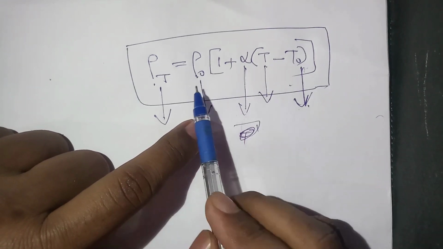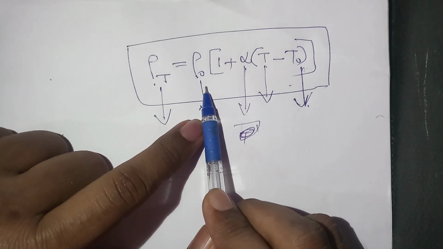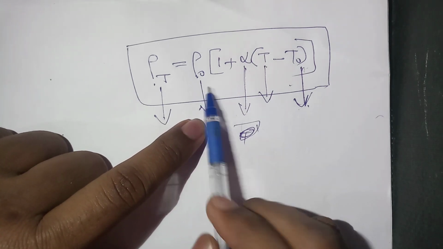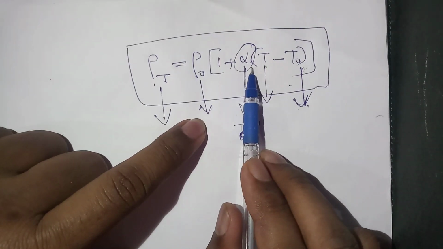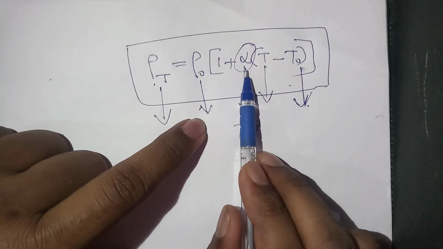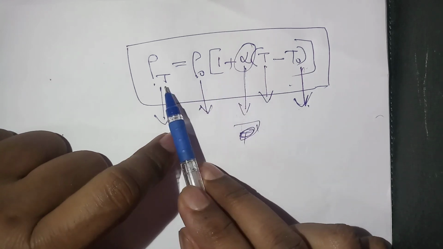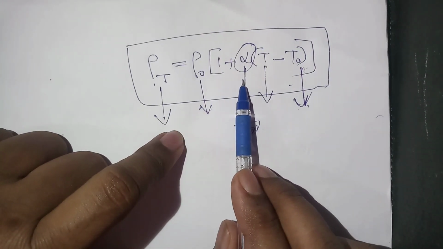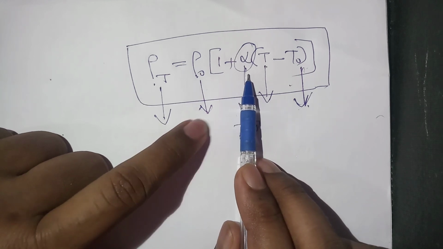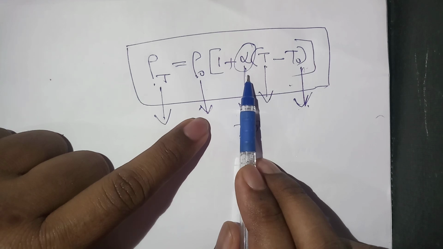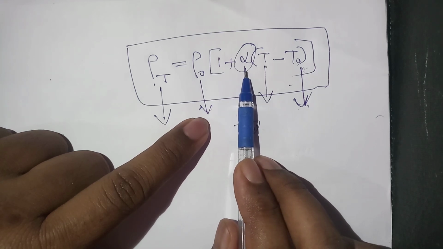Whether this resistivity will increase or decrease when the temperature changes depends on the sign of this alpha. If you take alpha as a positive value, then the resistivity will definitely be increasing. For metals, we have a positive value, and for insulators there is no need of considering, because the conductivity is very negligible. For semiconductors, this will be negative.